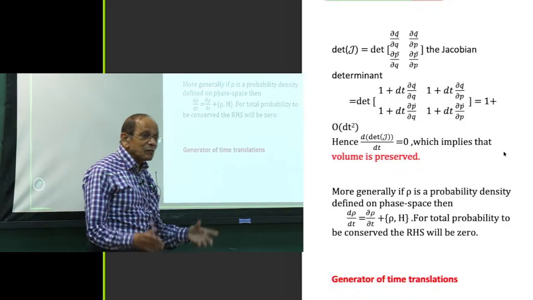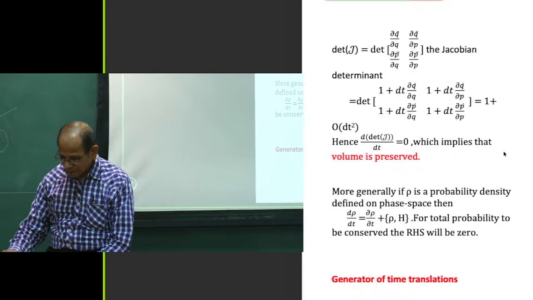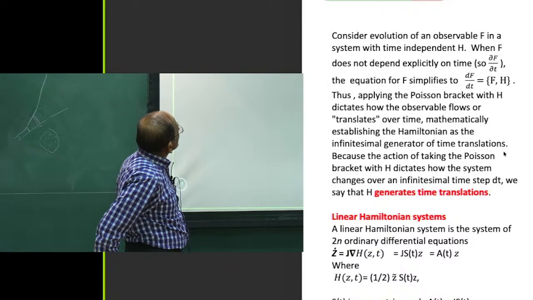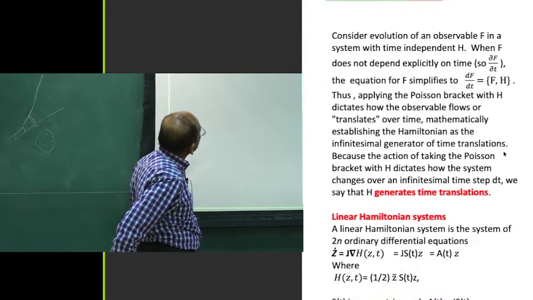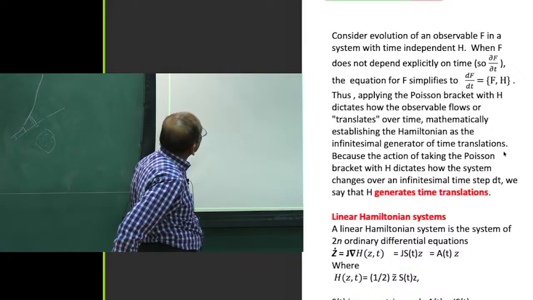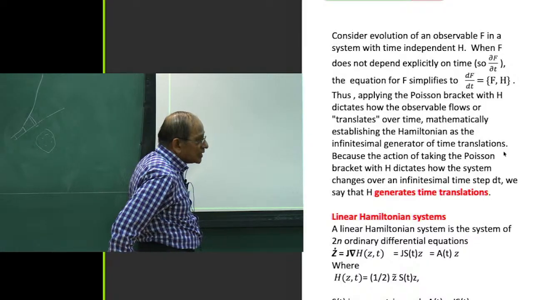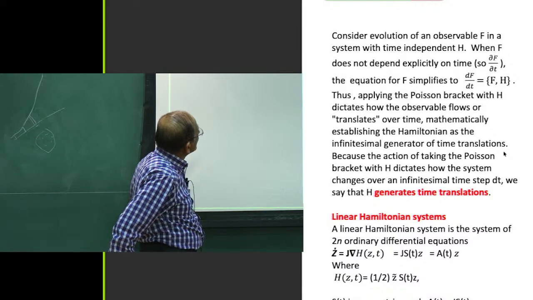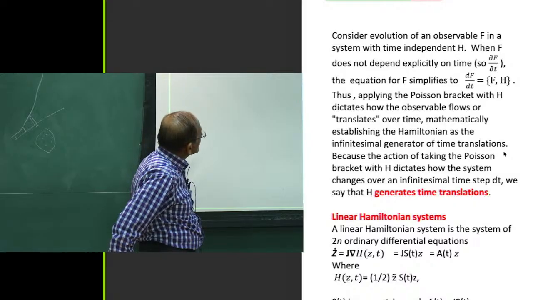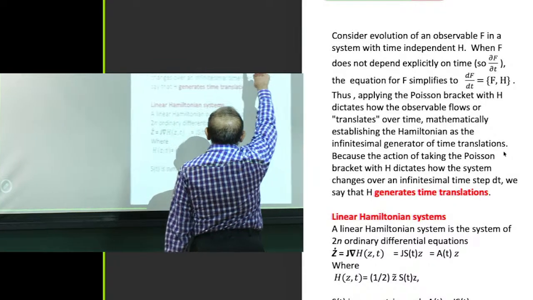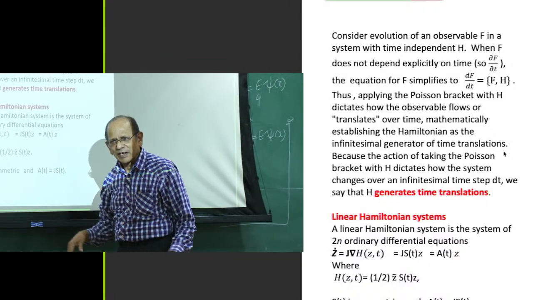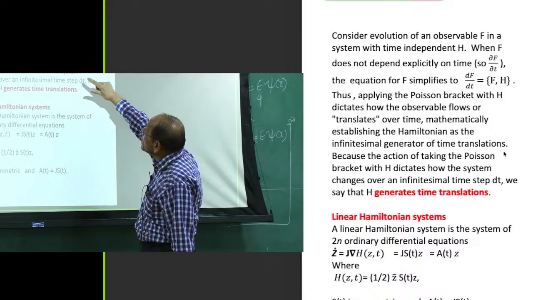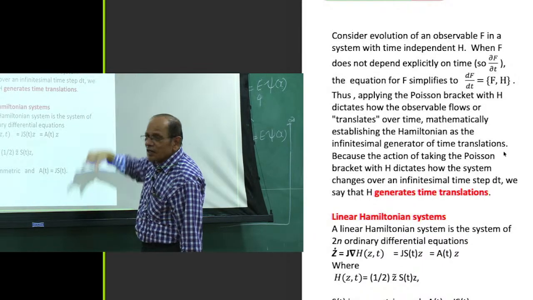So first is time translations. Okay. So consider evolution of an observable, let us say f, and with time independent Hamiltonian. I am now considering hereafter only time independent Hamiltonians, so that the equation of motion reduces to df by dt equal to the Poisson bracket of f with h, no explicit time dependence, partial derivative being 0. So now what is the meaning of this equation?